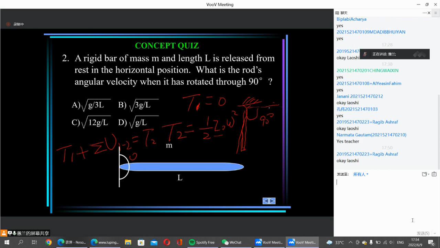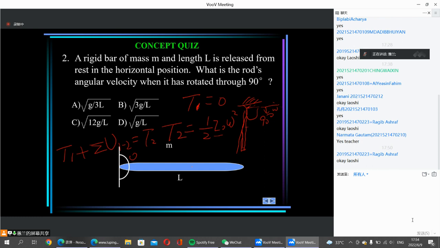We just know there will be the weight, and here there will be the reaction forces. No doubt the reaction forces do no work on the bar. So during this process, when the bar rotates, only the weight will do work.